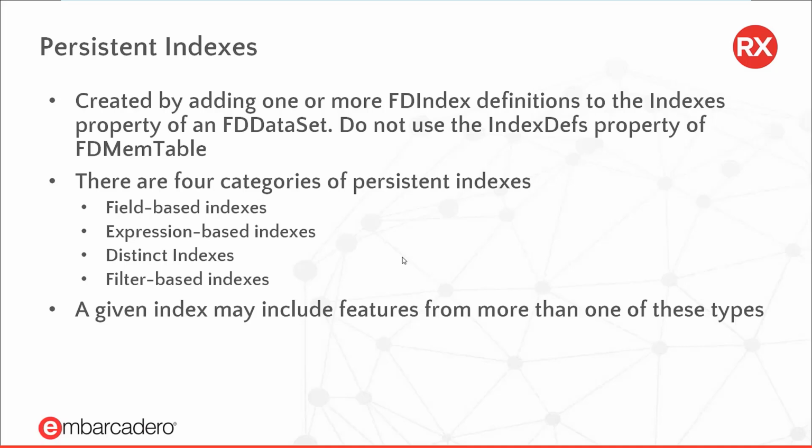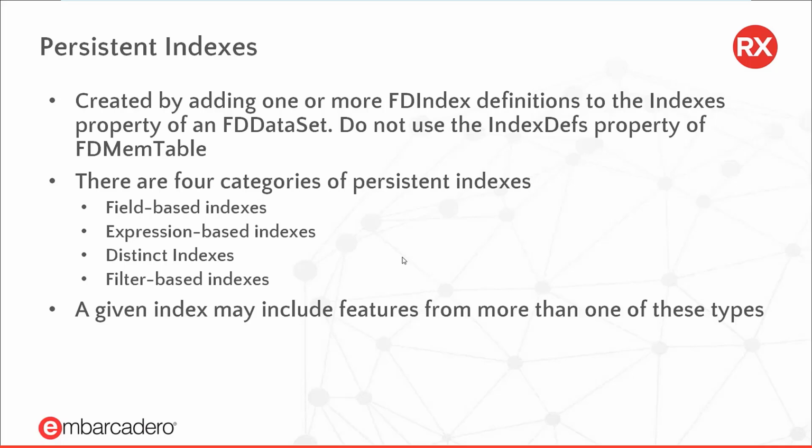By the way, all of the FireDAC datasets have an indexes property, but the FireDAC mem table has a property called index defs, and that's for API compatibility with the client dataset. But let me just say, do not use the index defs property. That's not how you work with a FireDAC mem table.